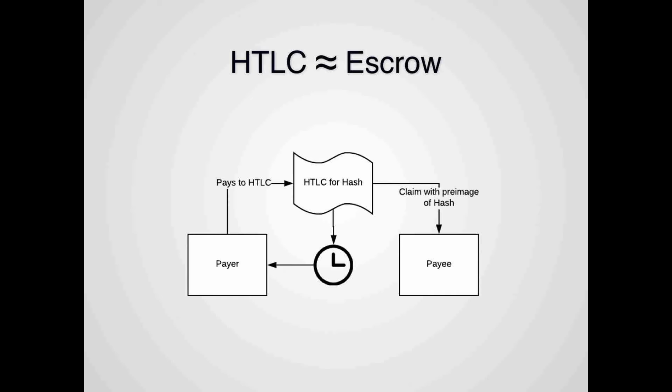But the fiat system is basically built entirely of trusted third parties. So the equivalent in the fiat system for an HTLC is a trusted third party escrow. They operate in a very similar way, and because the fiat system is based completely on trusted and central third parties, you're not actually increasing the trust assumptions of that system by introducing this type of escrow.